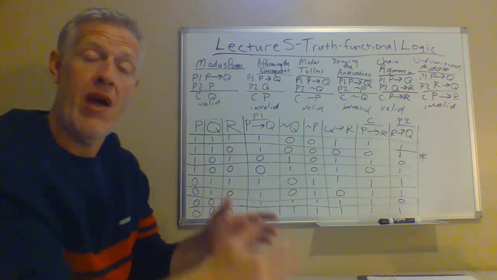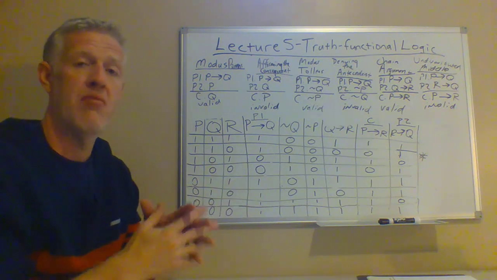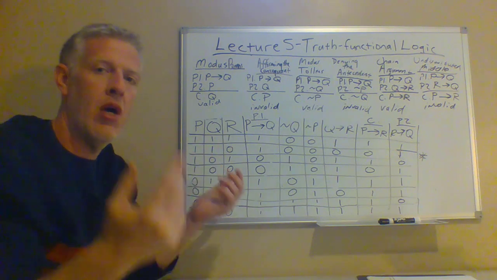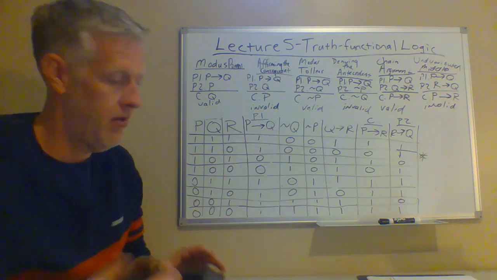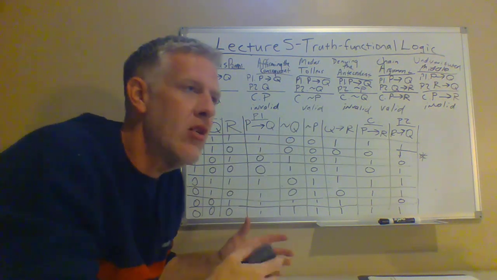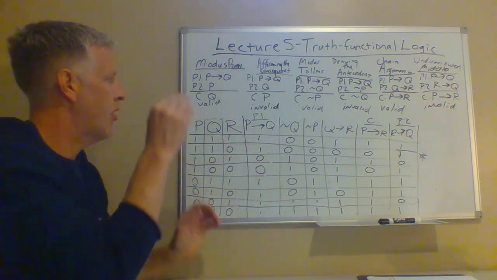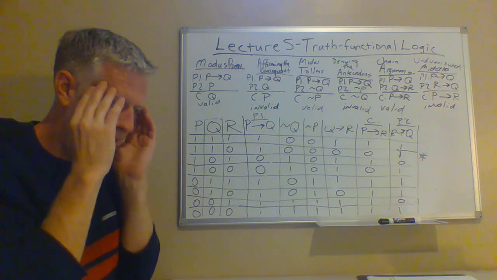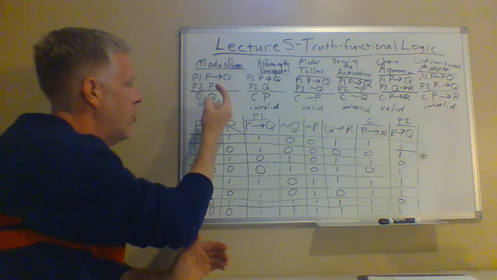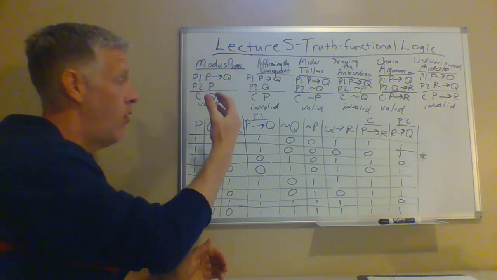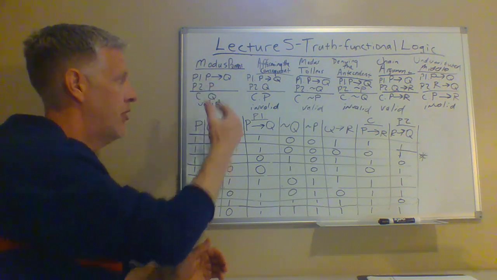And if possible, then that would be invalid. If you couldn't then also make these true, it was valid. But the idea is you don't go through again and meticulously outline all the possible combinations. You start right with the conclusion, and you ask yourself, what truth value do I need to assign to Q in this instance to make this false, right? Because I'm trying to find a row, trying to see if it's possible to make this invalid.